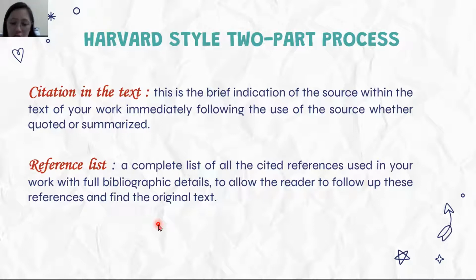Sa in-text citation kasi, ang nandun lang is the name of the author and the date of the publication. But in the reference list, all the information is there: the name of the author, the date, the title of their paper, where it was published, and when it was published. Kung saan na-publish siya, and meron pa mga pages. So, nandun na lahat sa reference list.